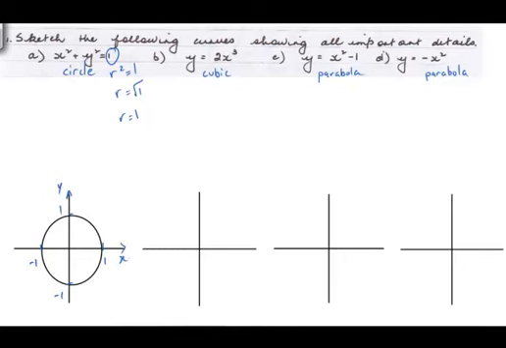Okay, the next one, a cubic. So a cubic is always in this sort of shape. Alright, it's positive because it's 2x cubed, and the 2 just means that it's slightly steeper than just x cubed. So if this curve was x cubed, then 2x cubed would just be a little bit steeper.